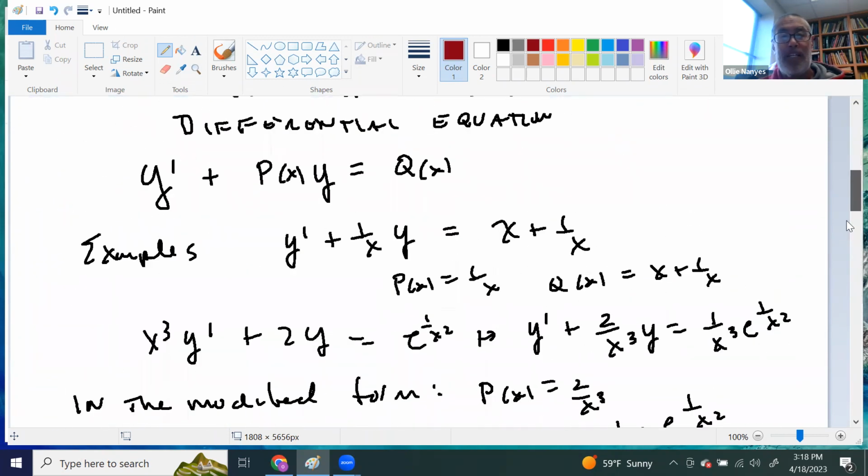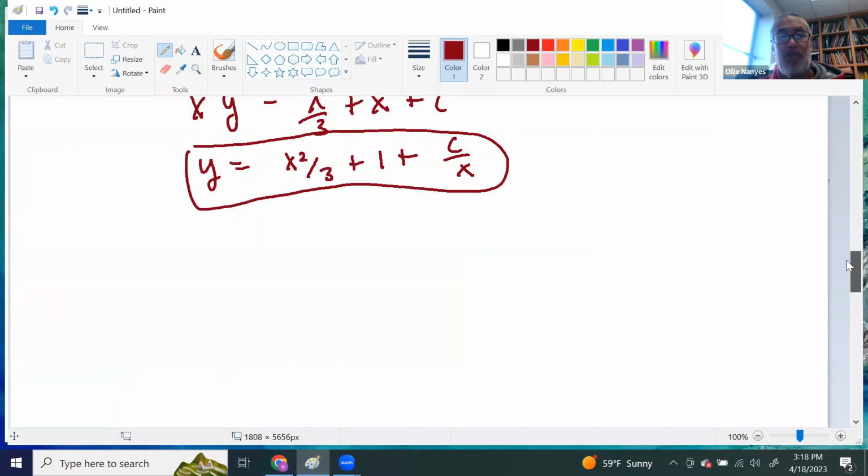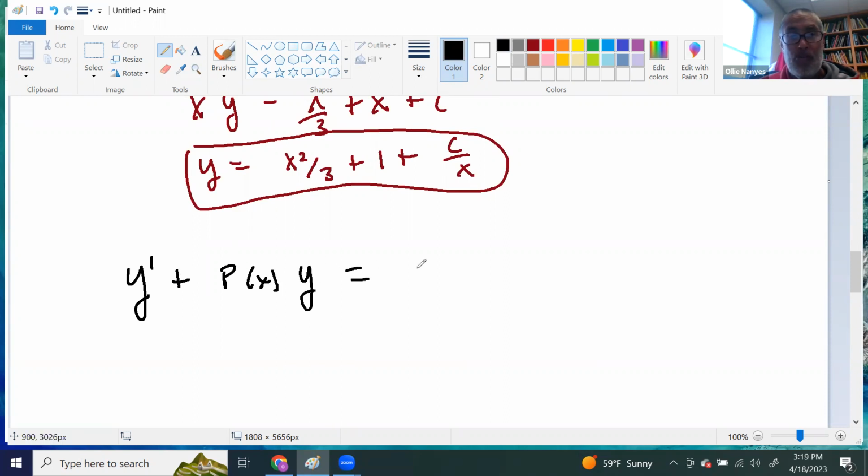Now let's go back and look at the original differential equation, the abstract one. So we have y prime plus p of x, y equals q of x. Now, is there anything in general we can multiply both sides by?